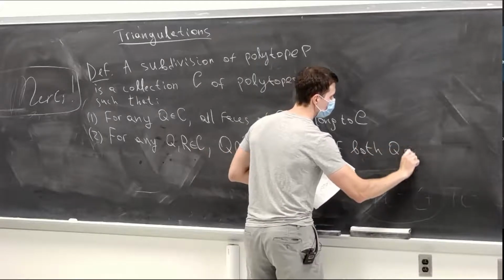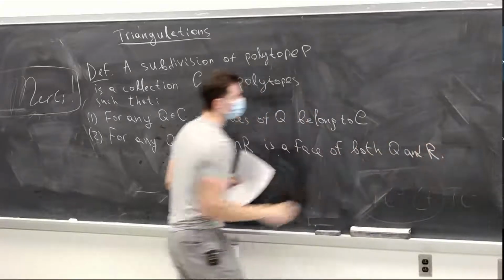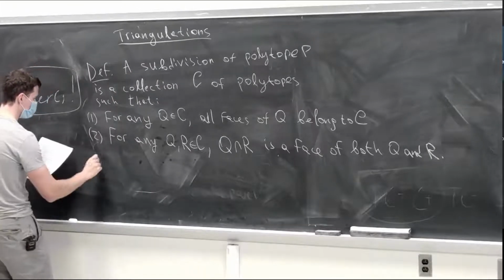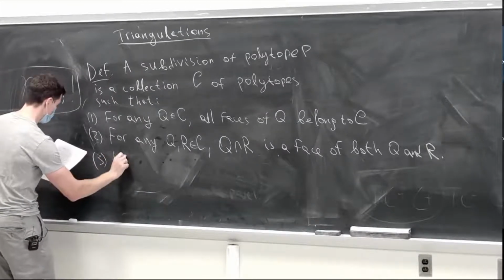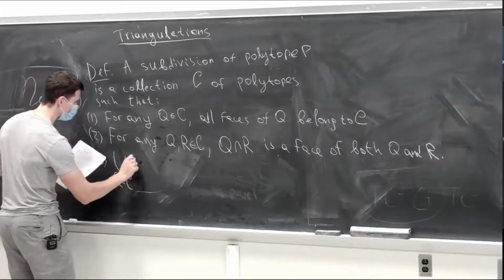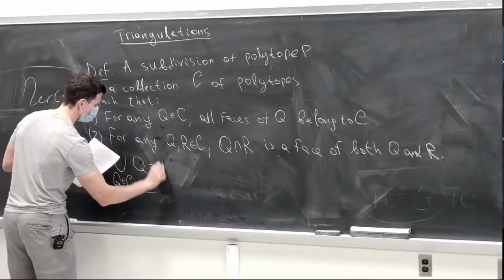And the third one is, of course, that the union of all polytopes is P.